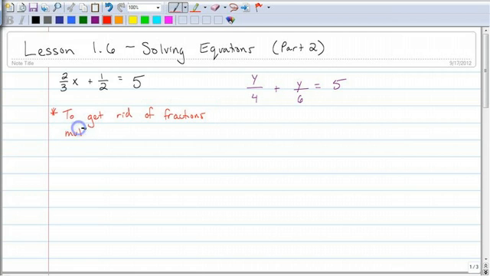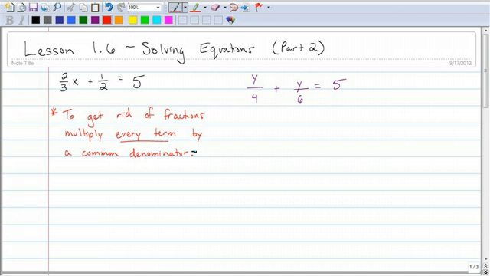We're going to multiply every term by a common denominator. Really, I guess the phrase would be a common multiple of the denominators, but I think you'll get the idea better if we just leave it like this.